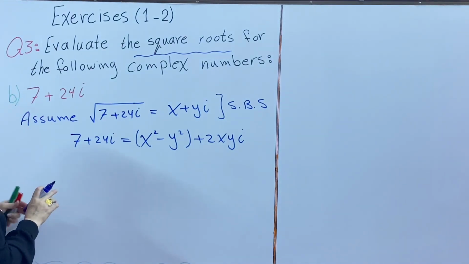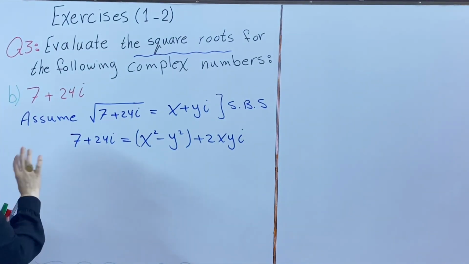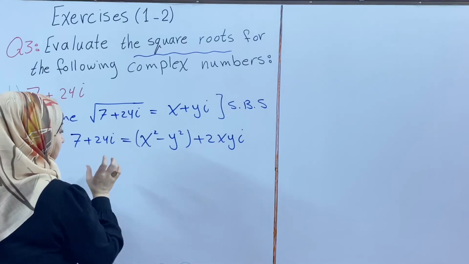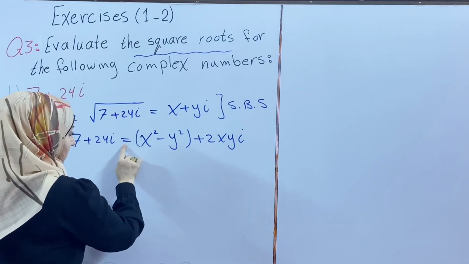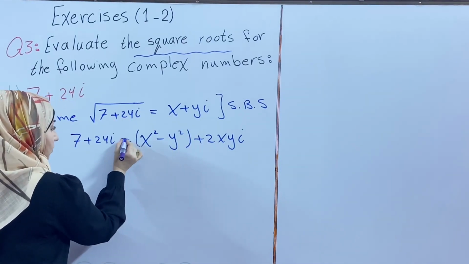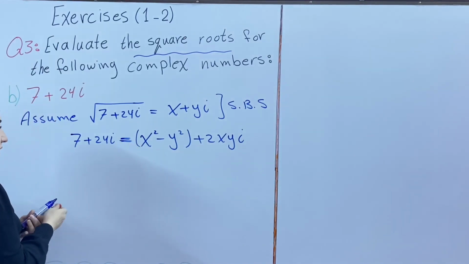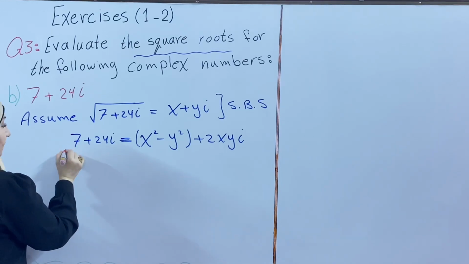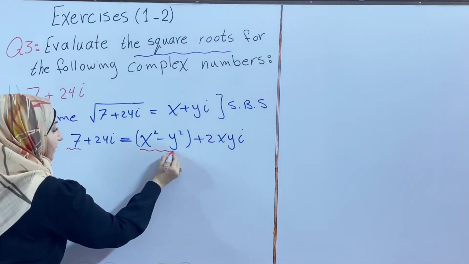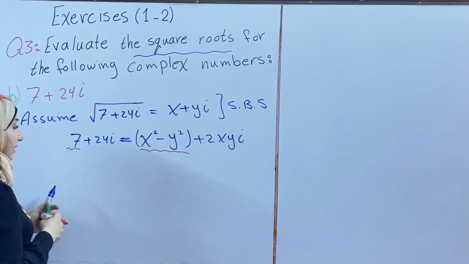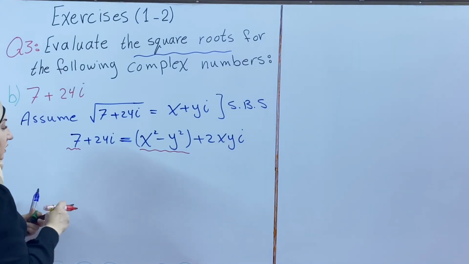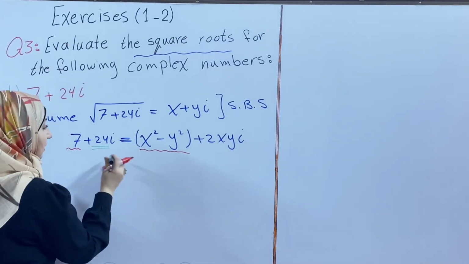And now, we have equality of two complex numbers. This complex number equals this complex number. That means the real part equals the real part and the imaginary part equals the imaginary part.